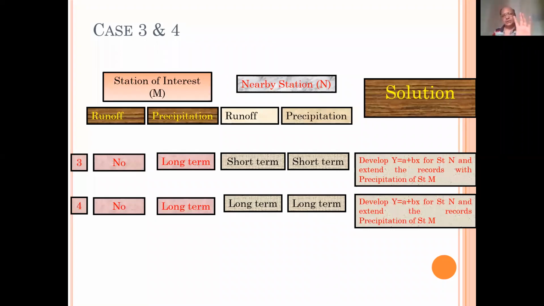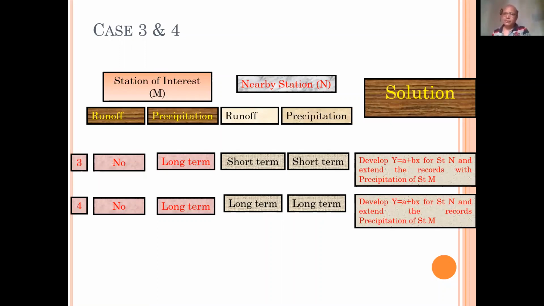So this is one case. And when you go for any civil engineering department, this third situation or fourth situation you will get most of the time. You will not have data at the site of interest. So what you have to do? You have to take data of nearby sites where runoff data and precipitation is available.